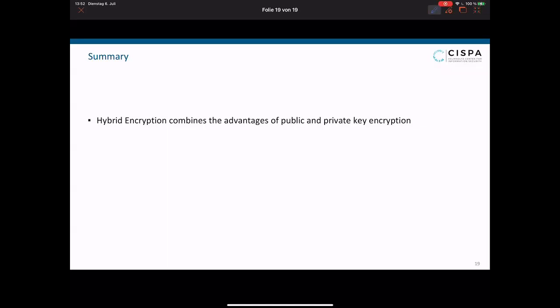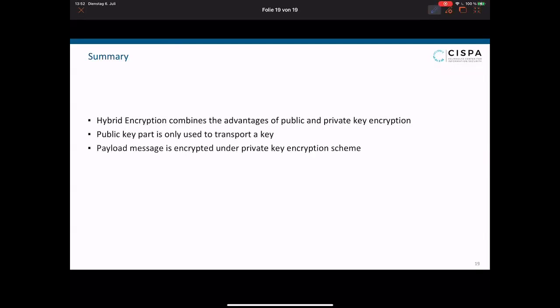Hybrid encryption combines the advantages of public and private key encryption, right? The public key part is only used to transport a very small key, whereas the payload message is encrypted under a super efficient and super compact private key encryption scheme.